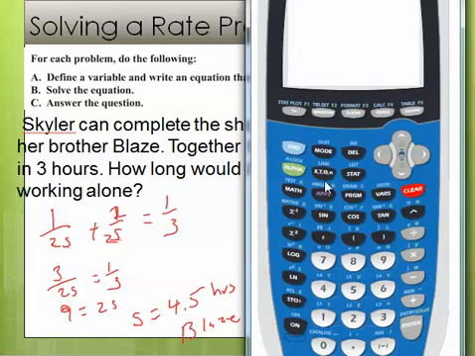So I said Skylar does it in 4.5 hours. So I'm going to say parenthesis 1 divided by 4.5 parenthesis plus, and Blaze takes 9 hours, parenthesis 1 divided by 9 parenthesis, and I'm adding those together.